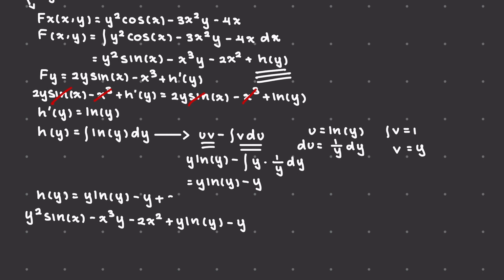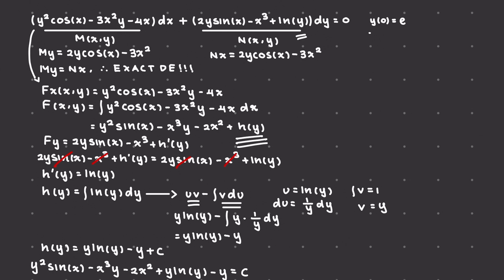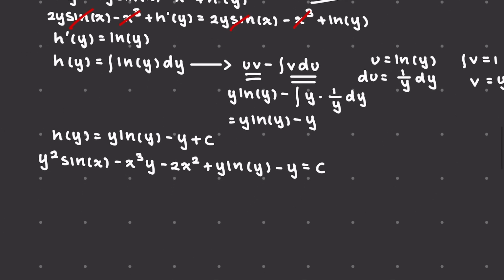And don't forget to add the constant here, since this will equal c. This is not the final answer, because remember, we've been given at the start of the problem an initial value condition, which is y(0) equals e. And let's solve for c and substitute it back in there.